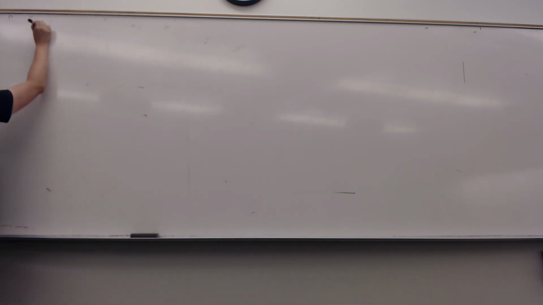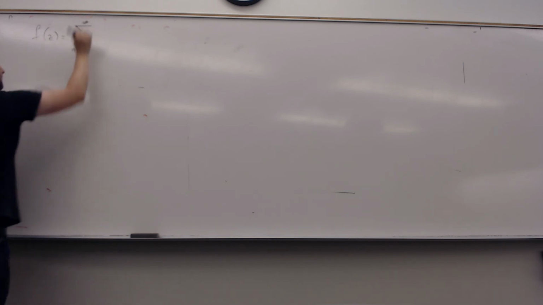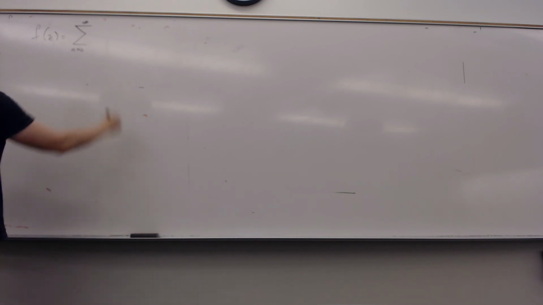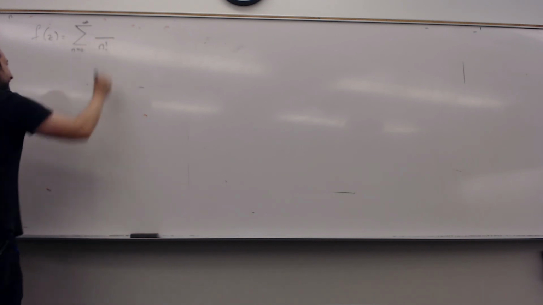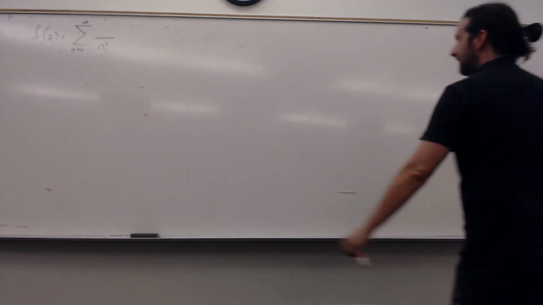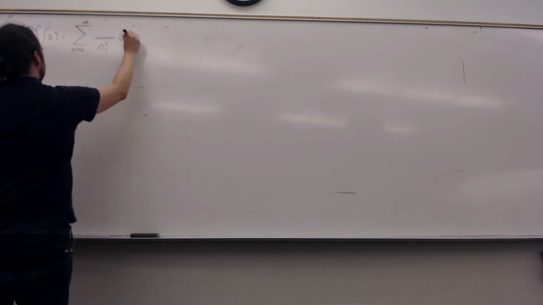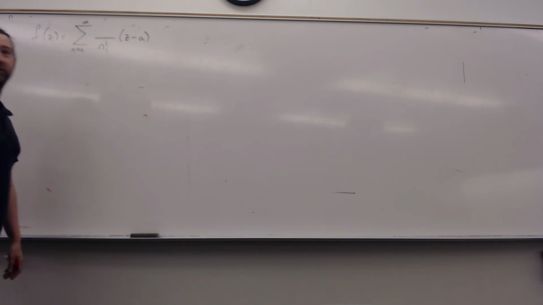f of z is equal to, I'll write the easy part. Oh, there's an n factorial down there. That's nice, okay. So that's one contribution to the whole here. z to the n. z minus a, because we don't want to have our power series centered at just 0, right?